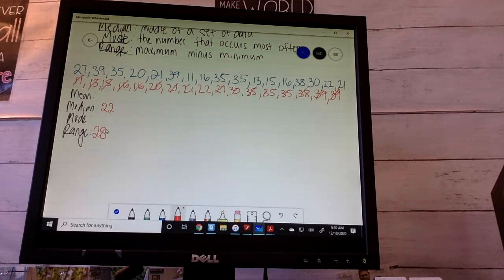What do you want to find next, Bella? You want to do the mean? Love it. Grab your calculators, add them up. And then we're going to divide whatever you add by what? 17. Because that's our total number of numbers.